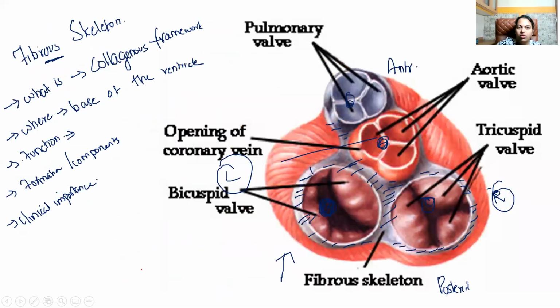So we'll just quickly go through it. The fibrous skeleton of the heart is a very important and easy topic if you can understand it. It is made up of a collagenous tissue framework, the most dense and strongest in tensile strength. You can see it at the base of the ventricles, surrounding the AV orifices and the pulmonary and aortic orifices, made up of four collagenous rings.